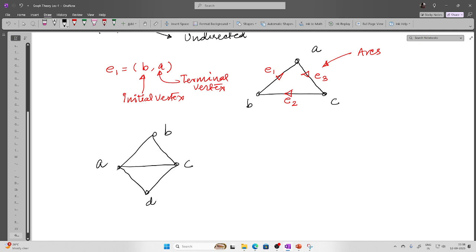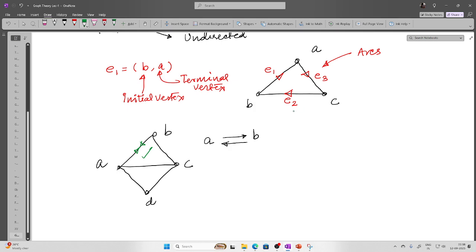Now, what is the difference? The difference is, if I want to start from A, go to B, or come back from B to A, then I can do it on the same edge. That means I can go from A to B, I can come from B to A. Doesn't matter. It is permitted in this particular type of graph, that is undirected.